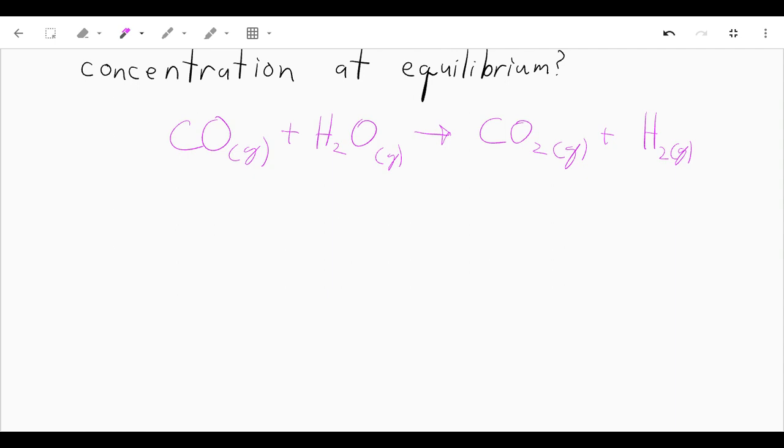Okay, so once we've got our equation written out, we can start building up an ice table. I'm going to write out ICE. Remember, this stands for initial, change, and equilibrium.